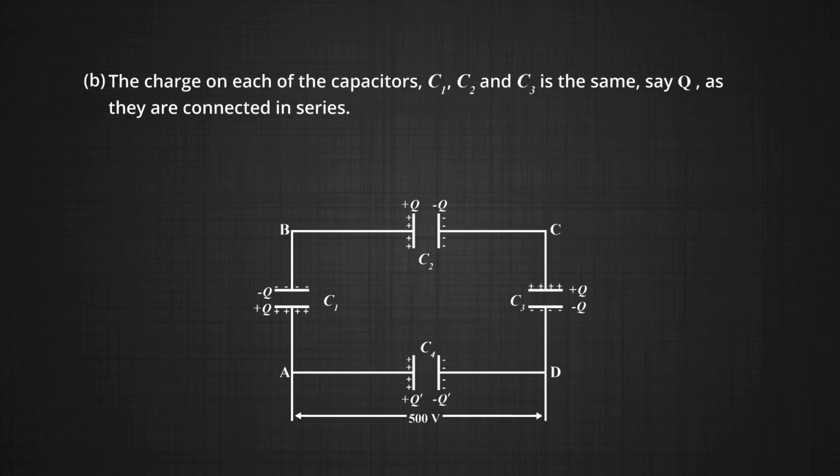Now, the part B. From the figure, the charge on each of the capacitors C1, C2 and C3 is same, say Q, as they are connected in series.